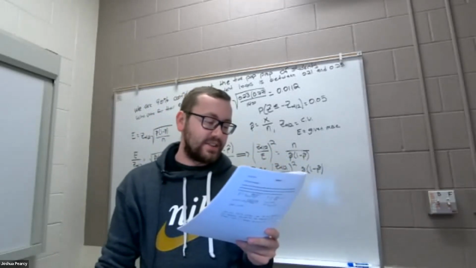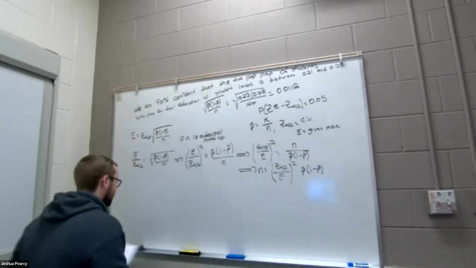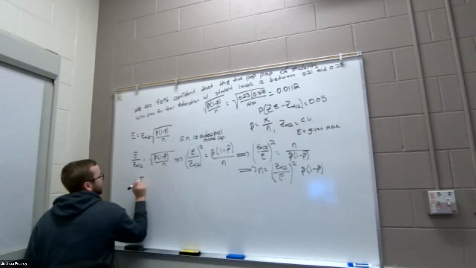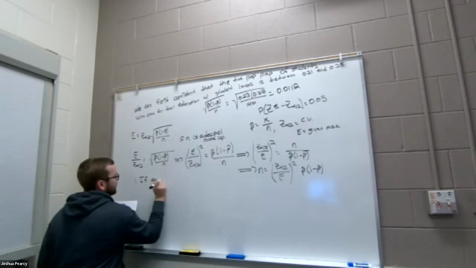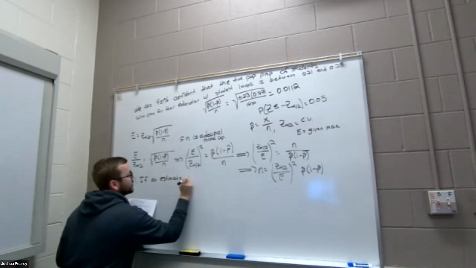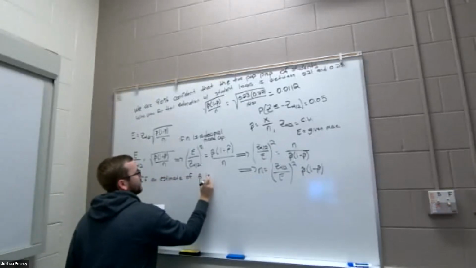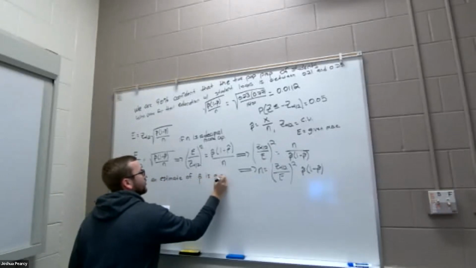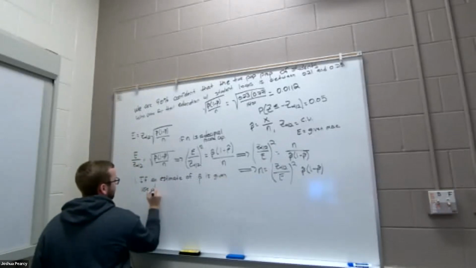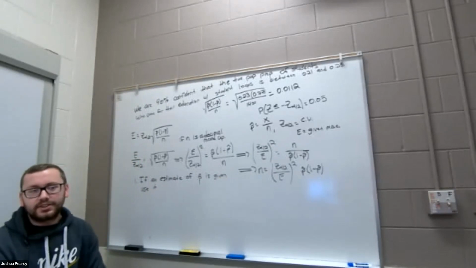The first one: if an estimate of p hat is given, use it. That just means if I tell you what the sample proportion is, use that one.